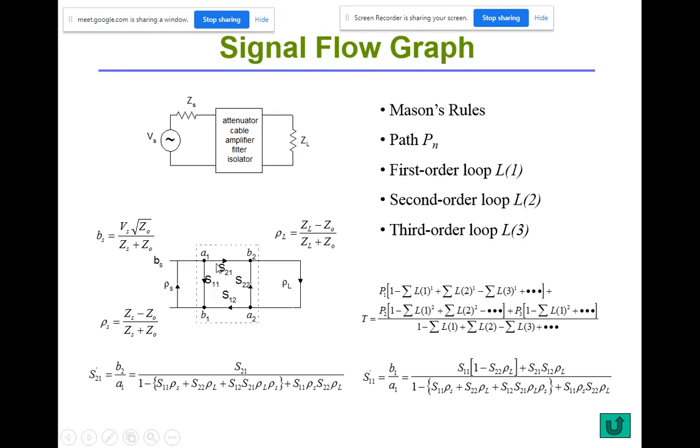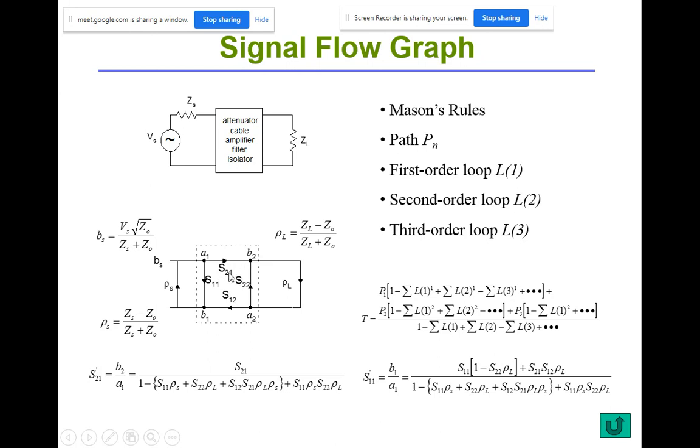The gain is the product of the path gain. For example, the first path is from A1 to B2 directly. So that one is the shortest path. The path gain is S21. P is just S21.